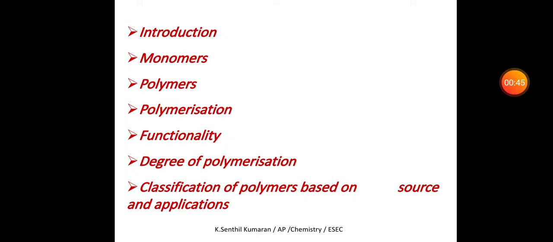First is the introduction to polymers. Then the meaning of monomer and polymers, the definition of polymerization, different types of polymerization, functionality, degree of polymerization, and classification of polymers based on source and applications.